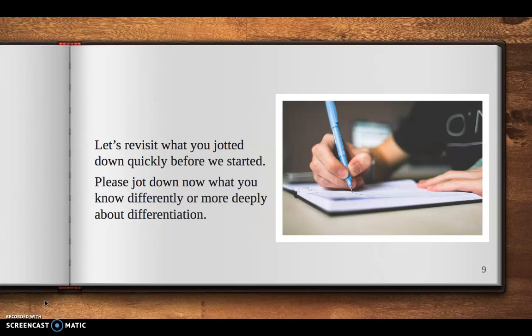This quick exercise has allowed you to look at your thinking from the beginning and compare it to what you've written down now. Your thinking has either changed or has been strengthened based on new learning.